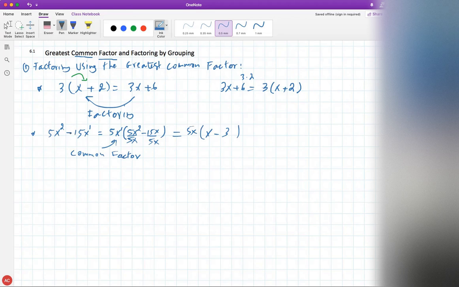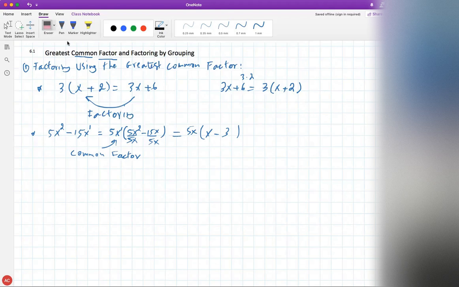This is a difference or a subtraction of terms, but this is a product. We have 5x multiplied by x minus 3. We call these factors. That's a factor, and this is another factor. And again, we can easily go back here simply by distributing. So multiplying and factoring are two opposite operations.